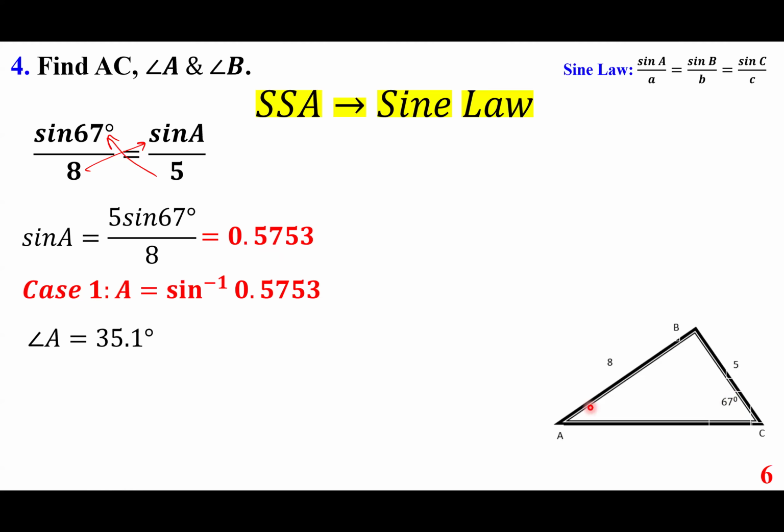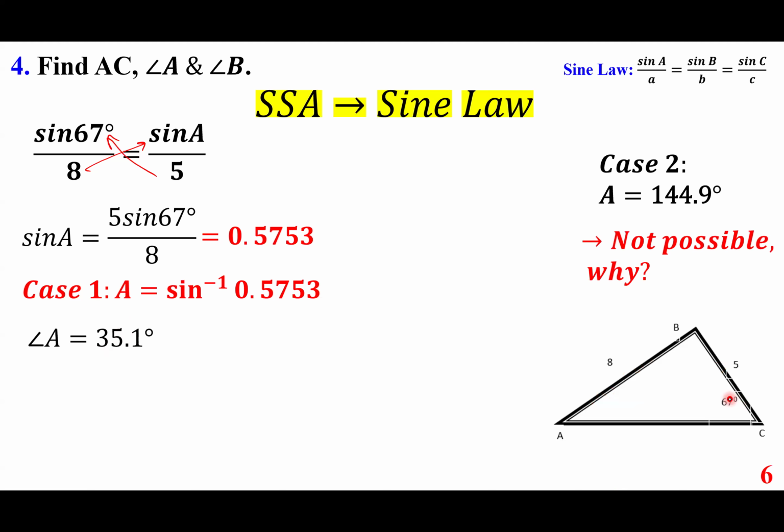We found A to be 35.1 degrees, and B can be easily found because A plus B plus C is 180 degrees. So subtract the sum of this and 67 from 180. Okay, the reason is, and it's not possible, by the way.